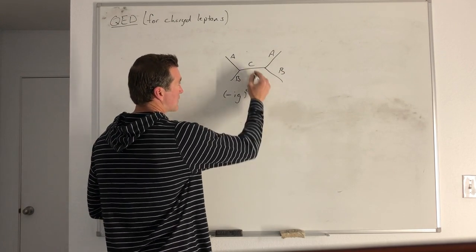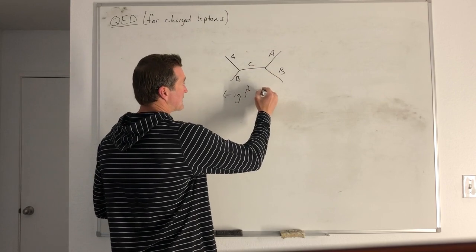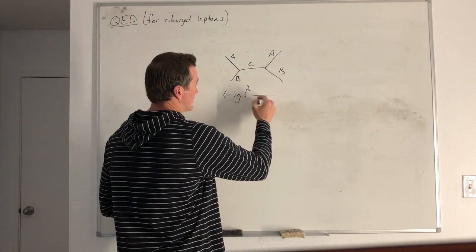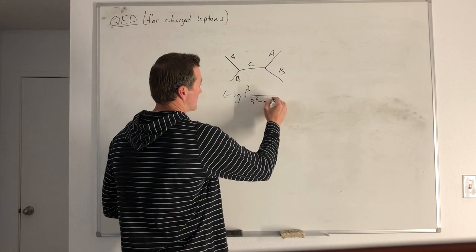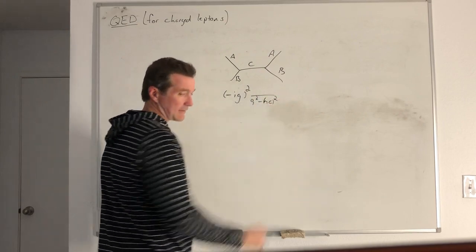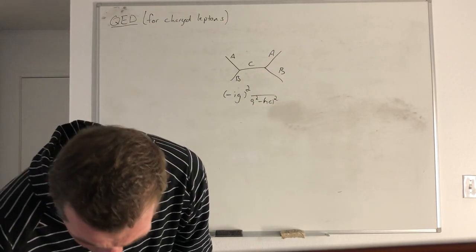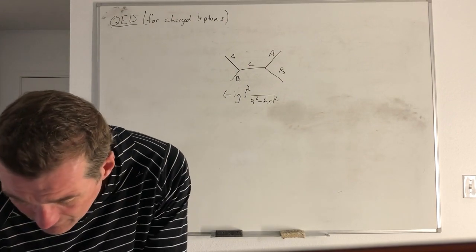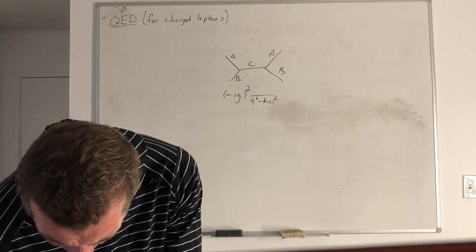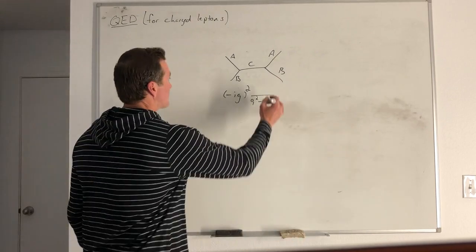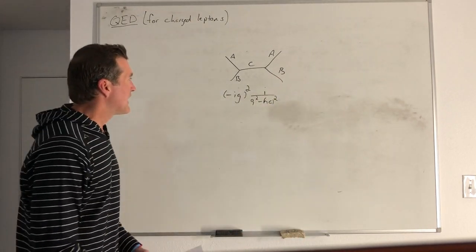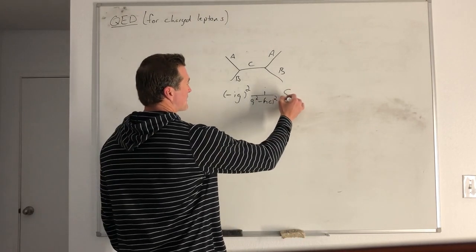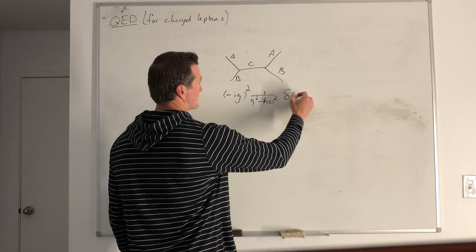You put in a factor for the propagator C, and that propagator was i over that. And then you do a delta function for the vertices.